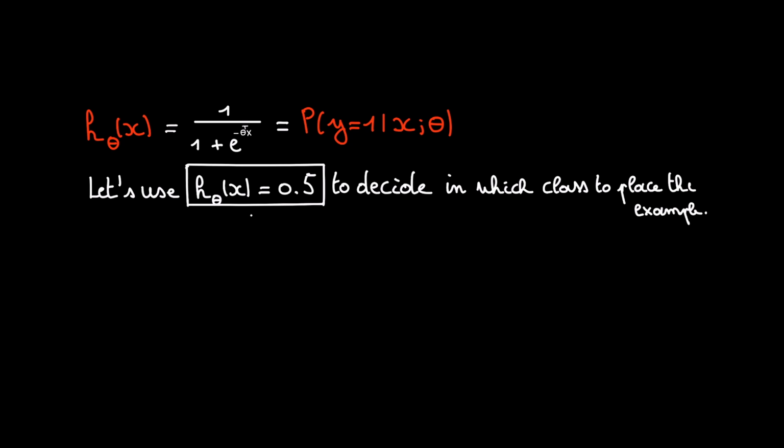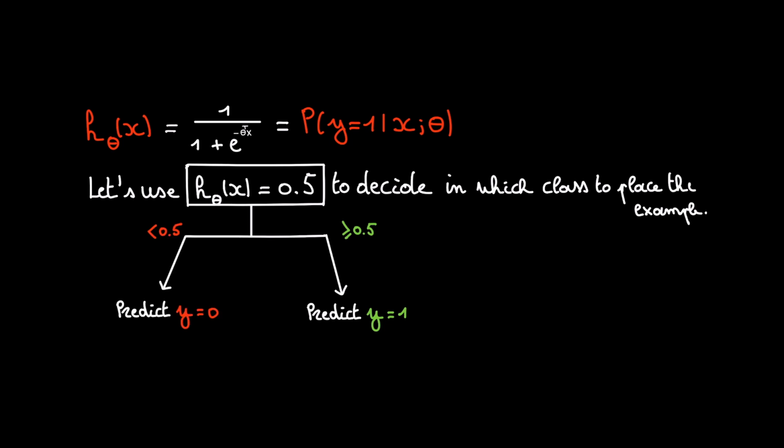So now we let the model predict that y is equal to 1 if the hypothesis is greater than or equal to 0.5, or in other words, if the probability is greater than or equal to 50%. And if our hypothesis outputs a value lower than 0.5, we predict that y is equal to 0.